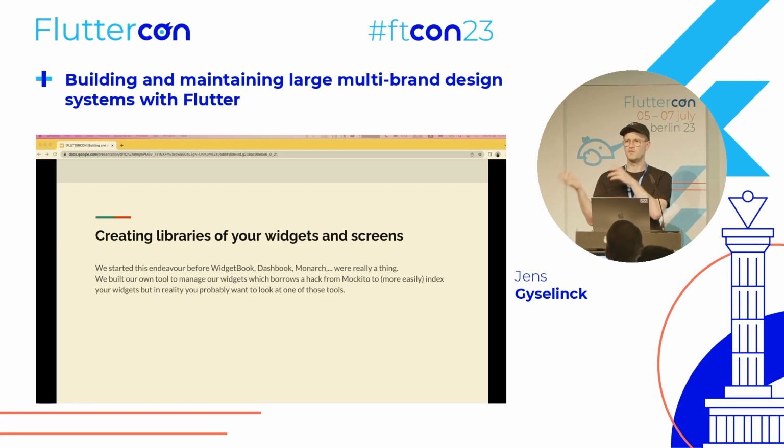It reads out the providers, automatically indexes them, and makes examples of all of the widgets and components and all of the screens that we have. I don't recommend you do that. This was done before the release of great tools like Widgetbook and Monarch. Just use them. They're better. Go for them to actually build libraries of your components, because you probably do want to do that.